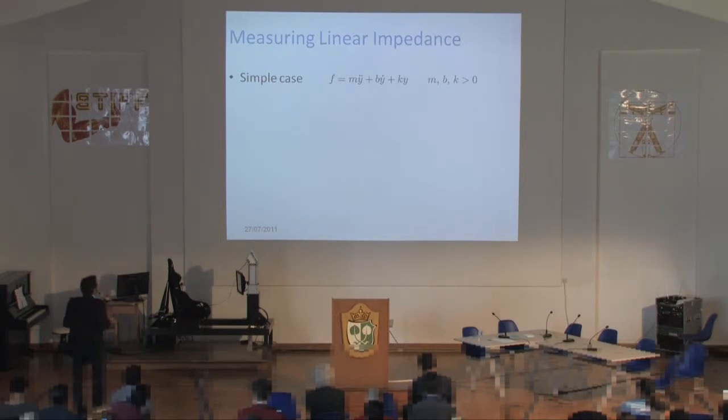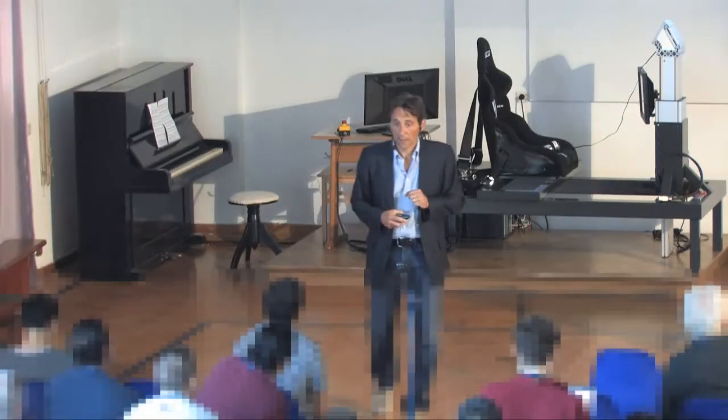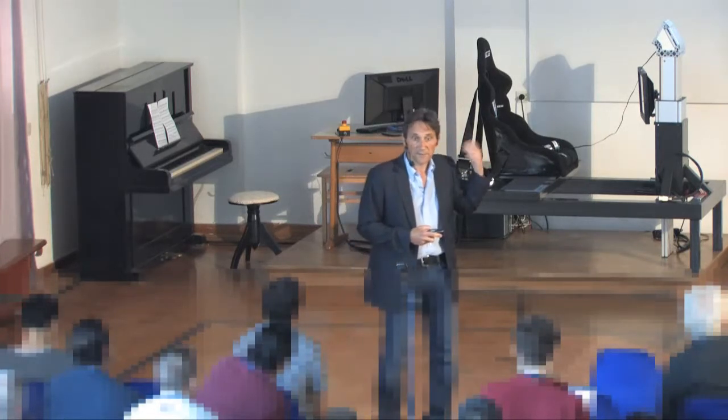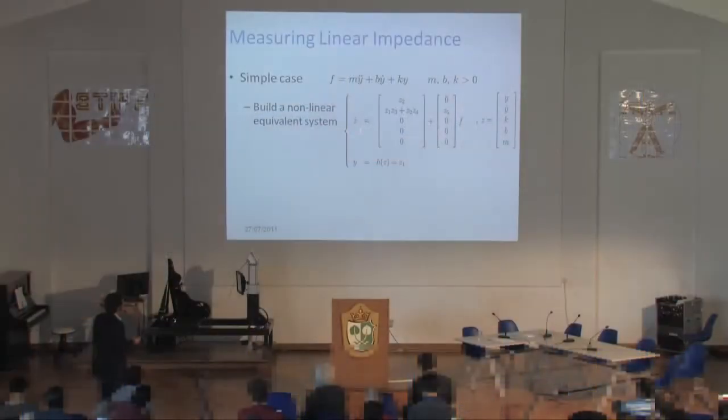So let's consider again the simple linear case. And now assume that you do not know M, B, and K. Can you, from measurement of positions and forces, knowing the force and measuring the position, infer information about M, B, and K? This is actually a nonlinear observability problem. If you are familiar with nonlinear observability, you can simply restate this problem in an extended state space where Z is not just Y and Y dot, but also K, B, and M. Their derivatives will be 0, but they are states.